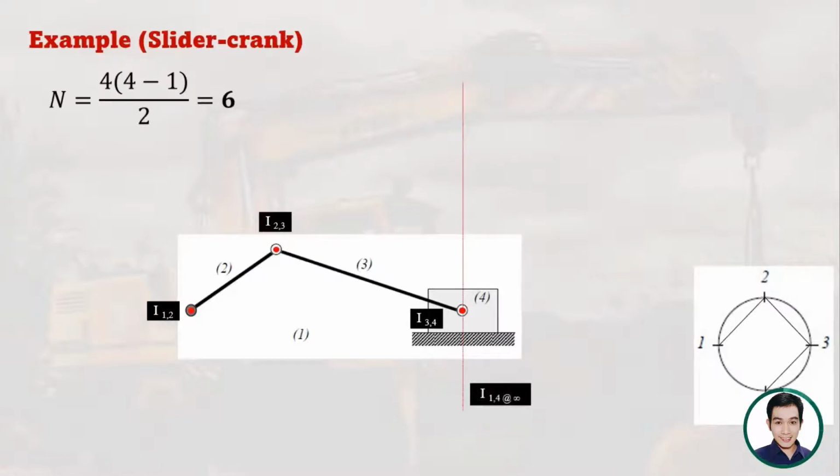For a slider on the ground, the IC 1, 4 is actually an infinite line. So you can see here, I14 at infinity. This is perpendicular to the ground. So that is your 1, 4. So take note, because 4 is a slider and 1 is the ground, the IC is actually at infinity.